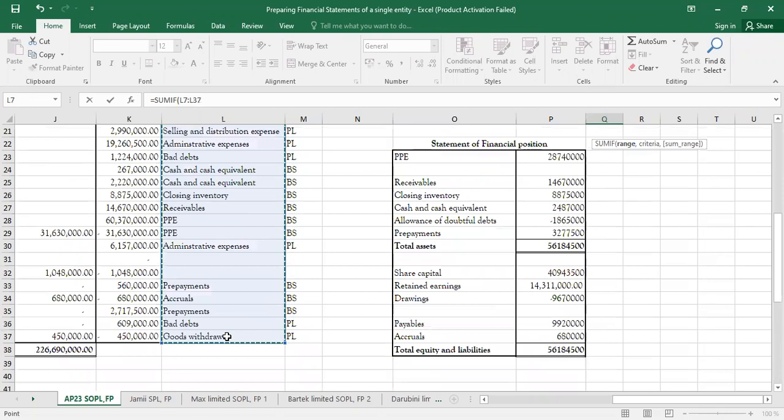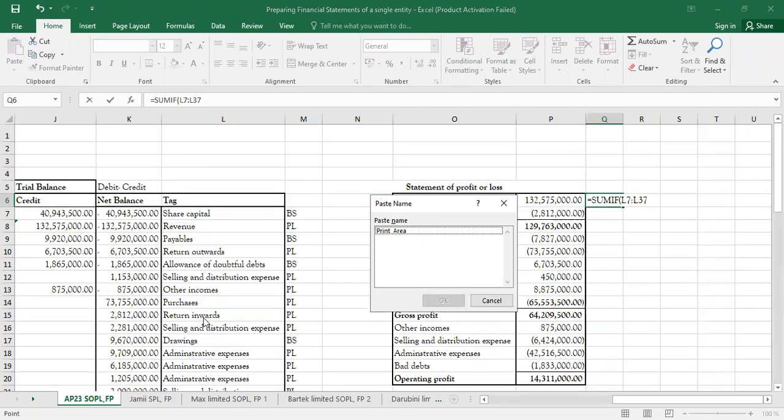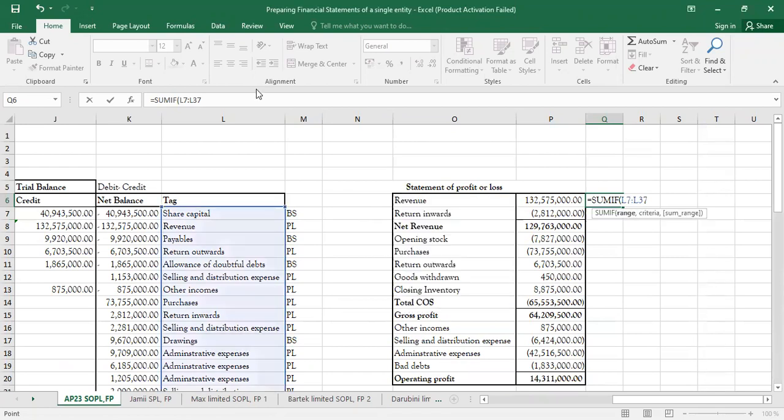Then let me try Fn. It's not locking, but F4 locks properly. I think most people use F4, so if you have the ability to try on your computer, you just press F4.